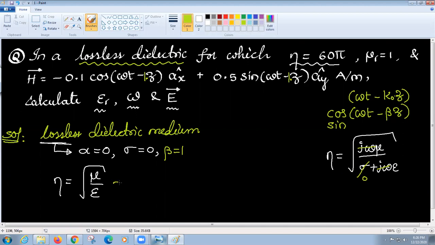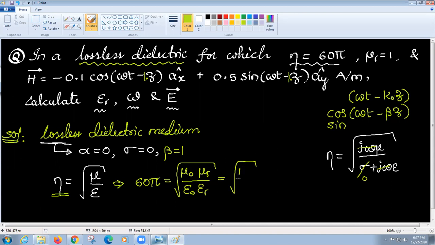So just plug in the things here. Eta is given to you as 60 pi. So 60 pi is equal to, I can write it down as follows, square root of mu naught mu r divided by epsilon naught epsilon r.